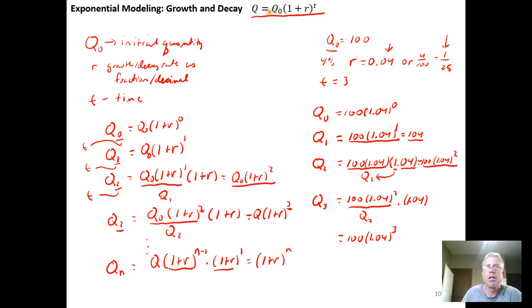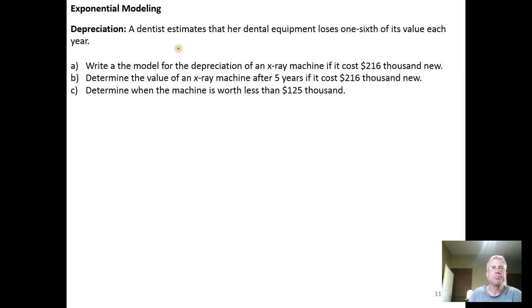And that kind of establishes where this formula comes from. To find out the amount that you have at time t, you take the original amount, Q naught, and you multiply it by your growth rate, 1 plus r, and you raise it to the tth power. So here's an example.